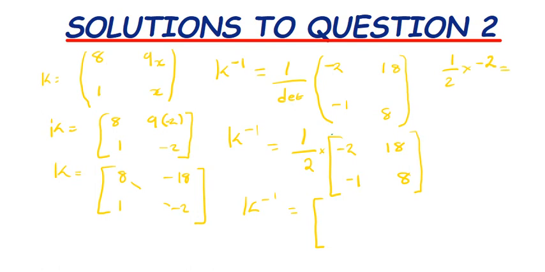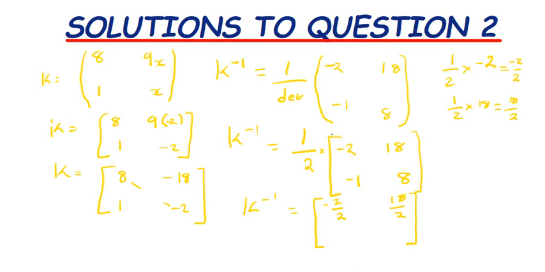It will give you negative 2 over 2, like that. And then here you say 1 over 2 multiplied by 18 is equal to 18 over 2. You write there 18 over 2, like that.